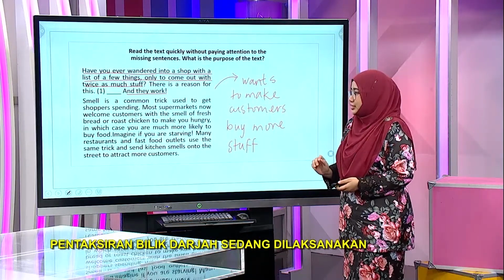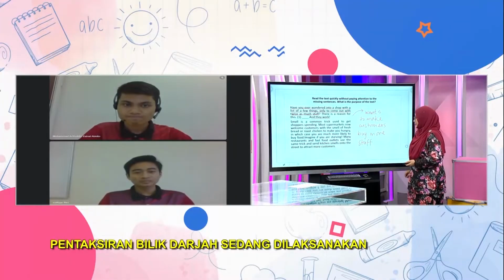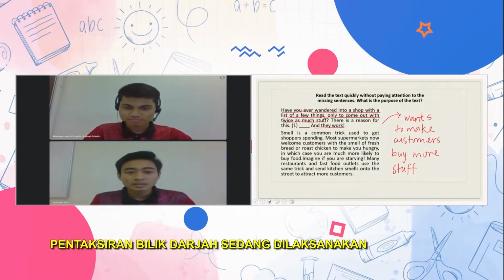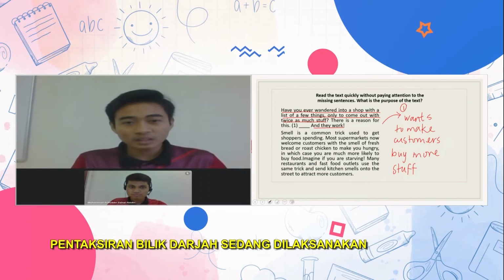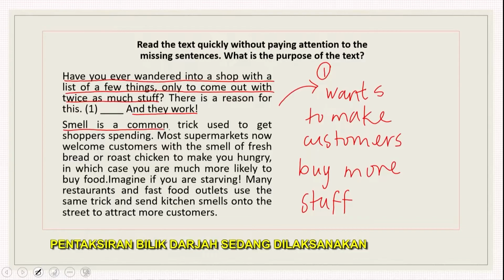Maybe Zul would like to take that? The first sentence for the second paragraph is, smell is a common trick used to get shoppers spending. The last sentence, many restaurants and fast food outlets use the same trick and send kitchen smells onto the street to attract more customers.